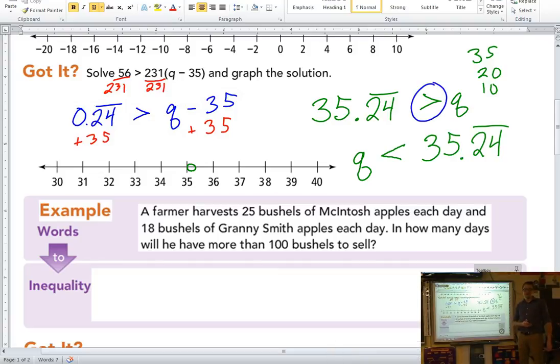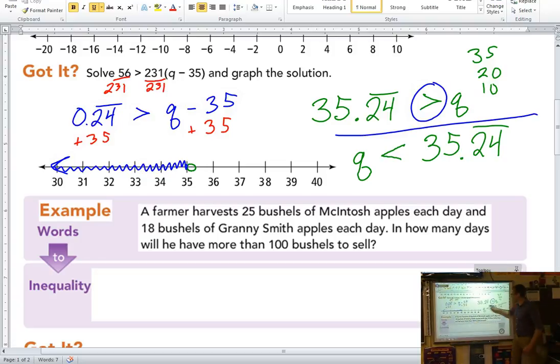No, I'm saying 35 is supposed to be bigger than that. Oh, I flipped them. I said 35 was the answer instead of 35 is bigger. Okay, but the problem is that value's bigger than everything that I'm allowed to use. So everything that I'm allowed to use is over to the left, because that has to be less.